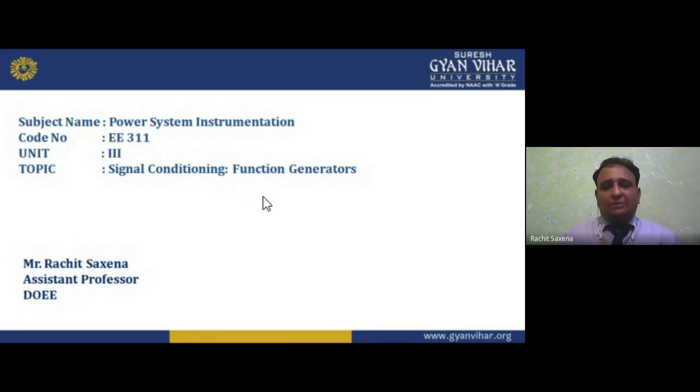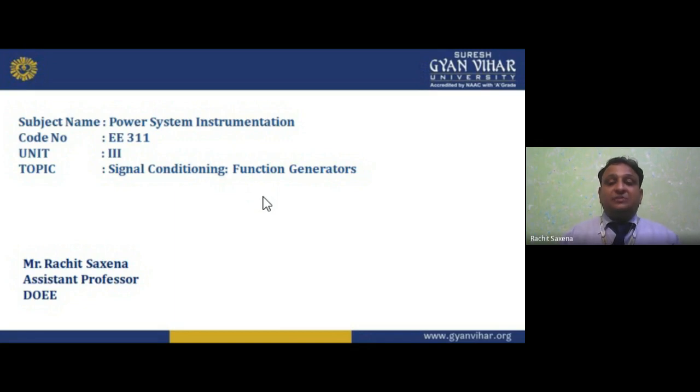These are transducer types, and transducers play an important role in instrumentation. When talking about power system instrumentation, we know we have electrical components but also some electronic components, and we deal with frequency ranges.